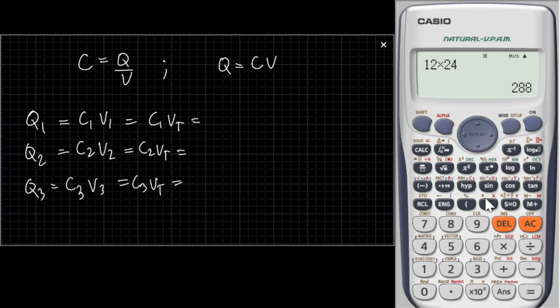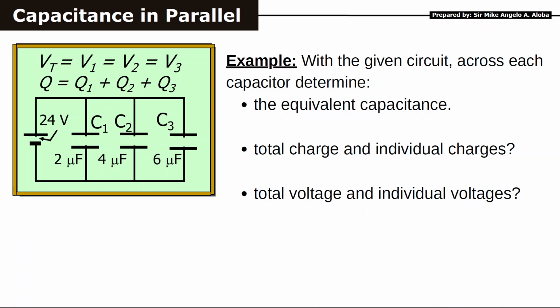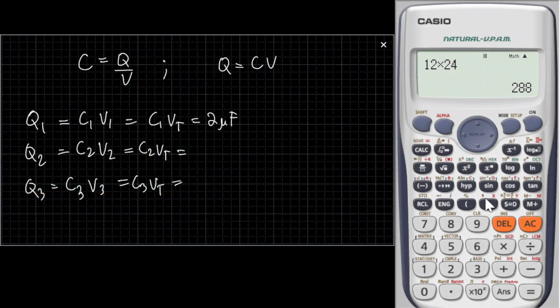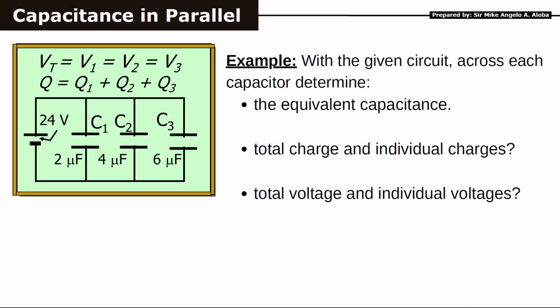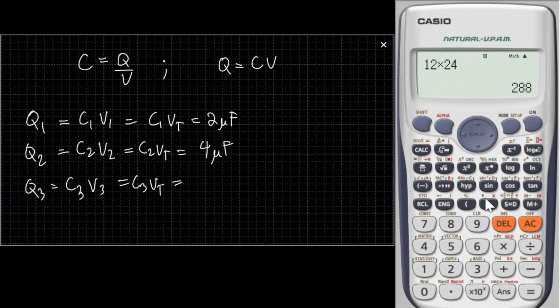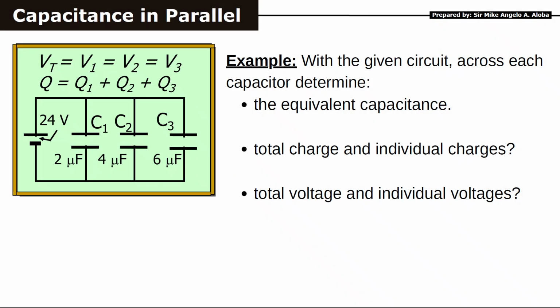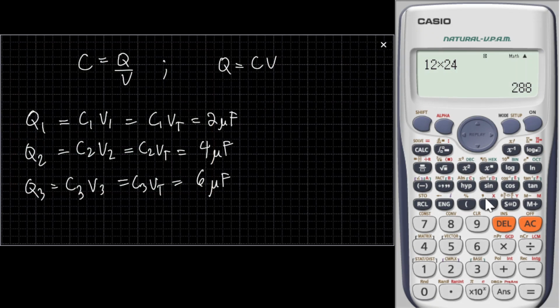So, what would happen would be C1 is just 2 microfarad. C2 is just 4 microfarad. C3 is 6 microfarad. Yeah, 2, 4, 6.